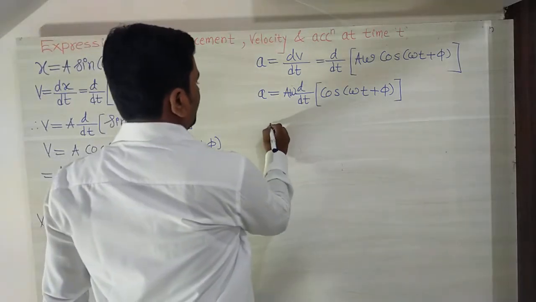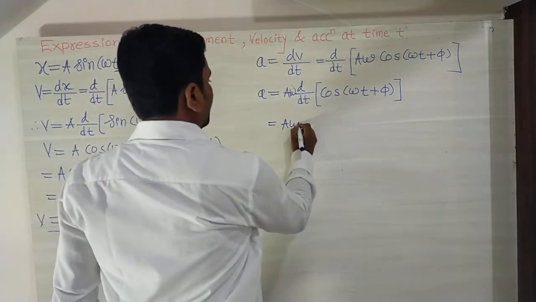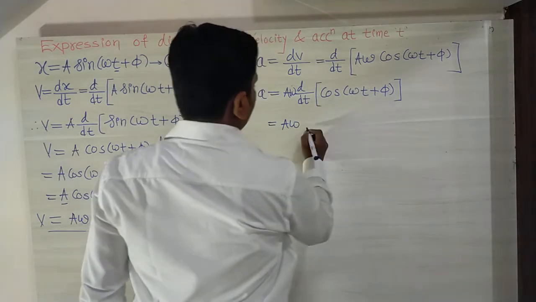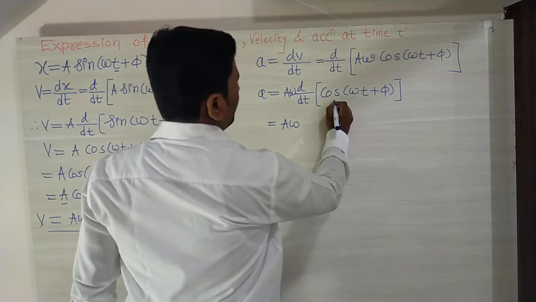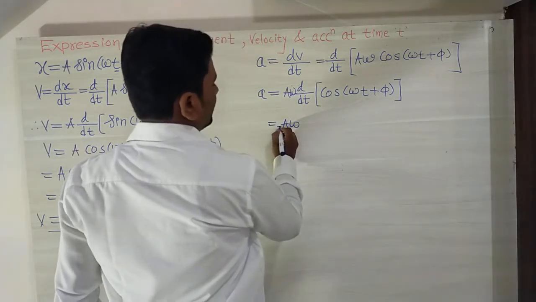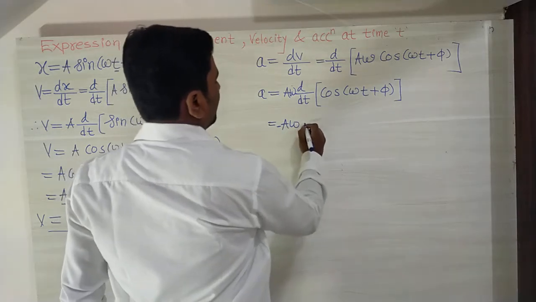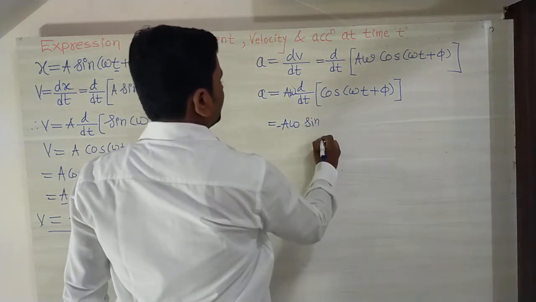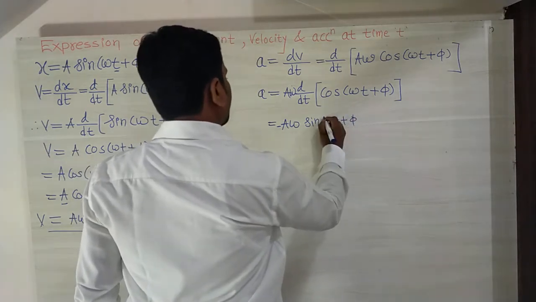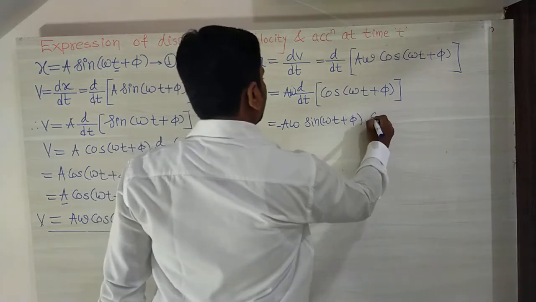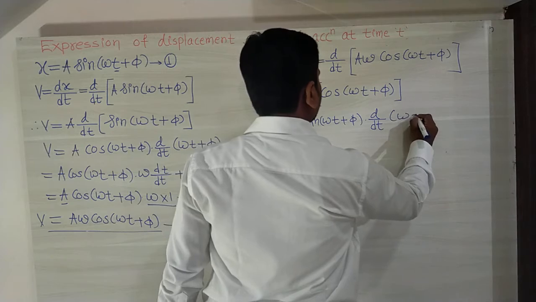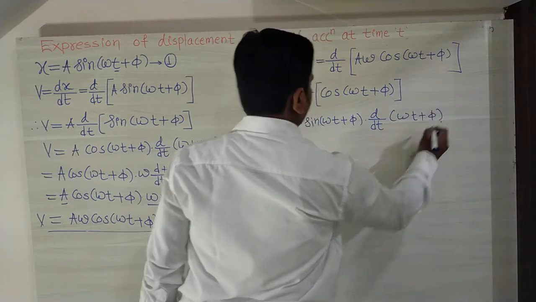So that is equal to a omega, and the derivative of cos of omega t plus phi is minus sin of omega t plus phi into d by dt of omega t plus phi.